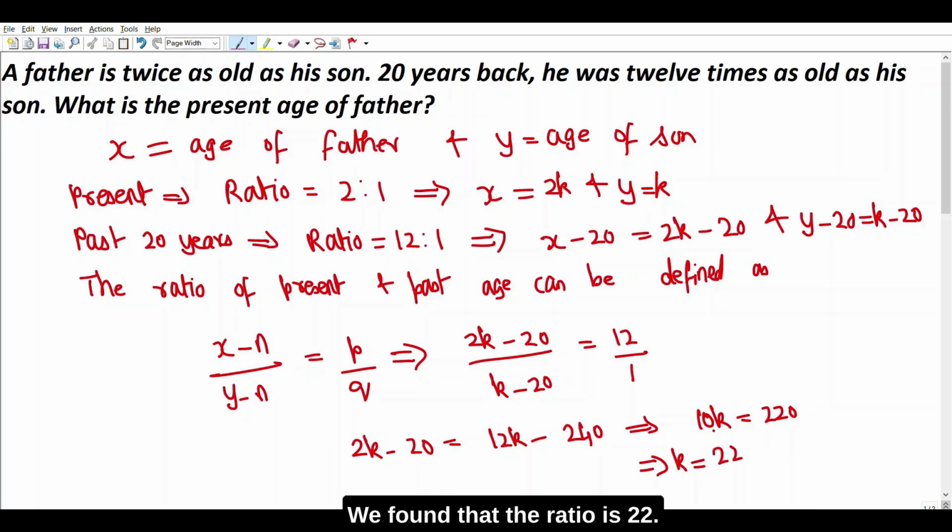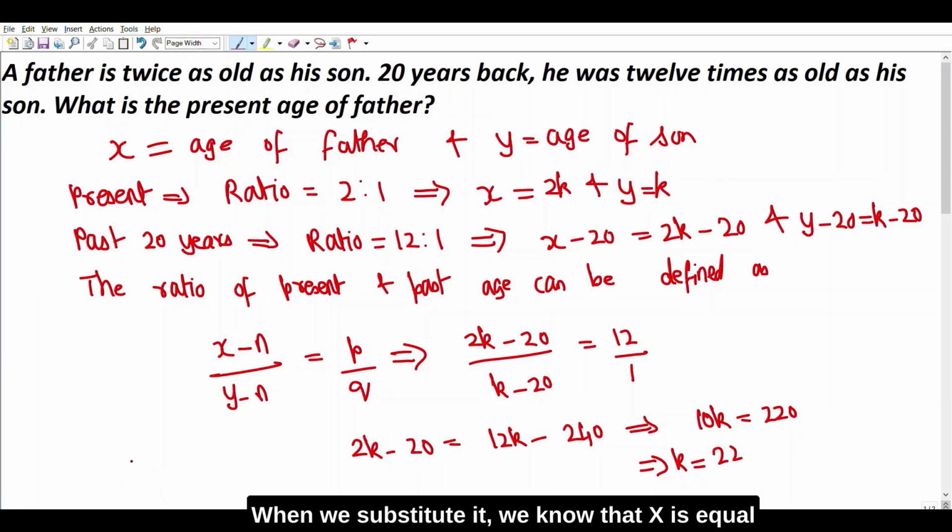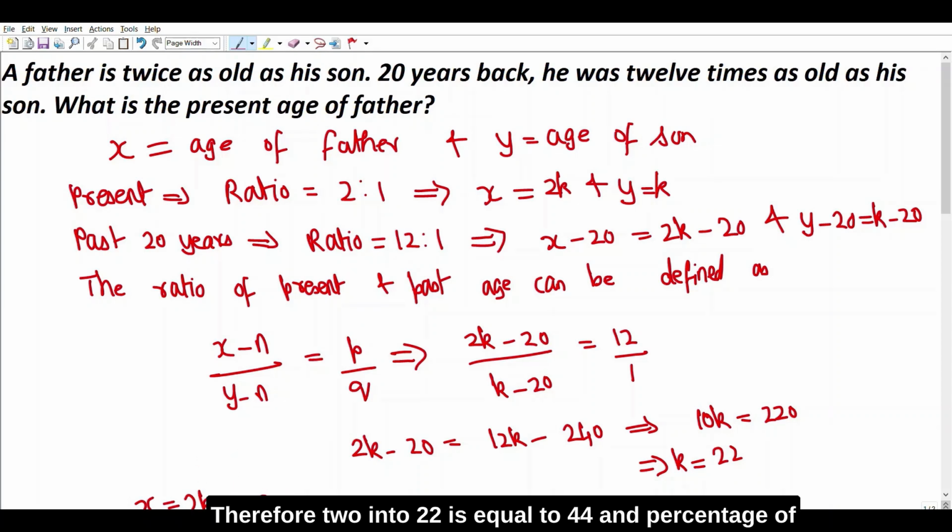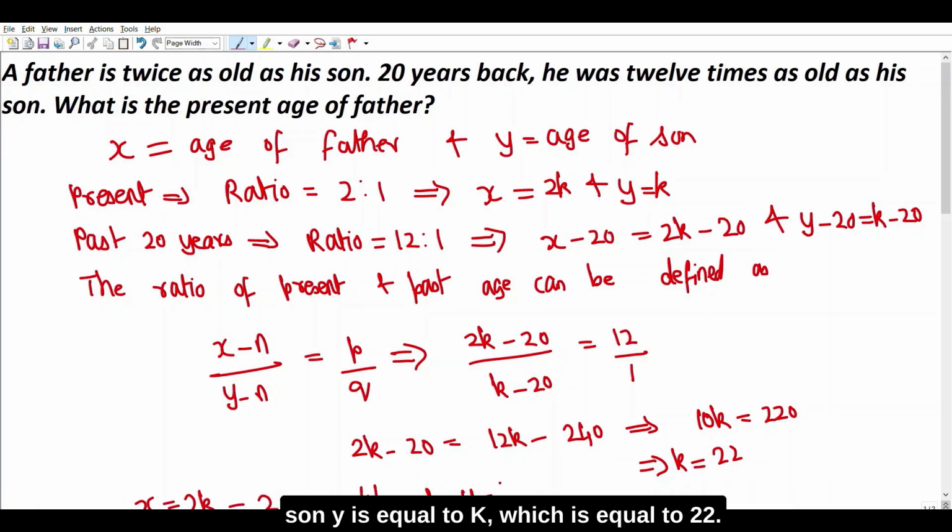We found that the value of k is 22. When we substitute it, we know that x is equal to 2k, that is age of the father. Therefore, 2 into 22 is equal to 44. And age of son, y is equal to k, which is equal to 22.